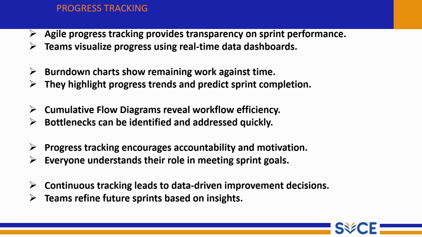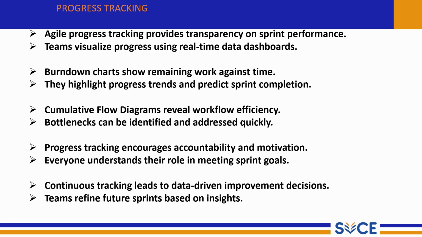Continuous tracking leads to data-driven improvement decisions. Agile teams make decisions based on actual data, not guesses. Tracking the progress regularly helps analyze performance trends and make improvements based on evidence.